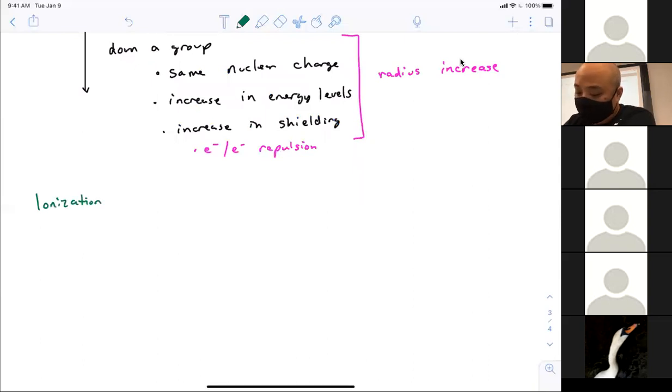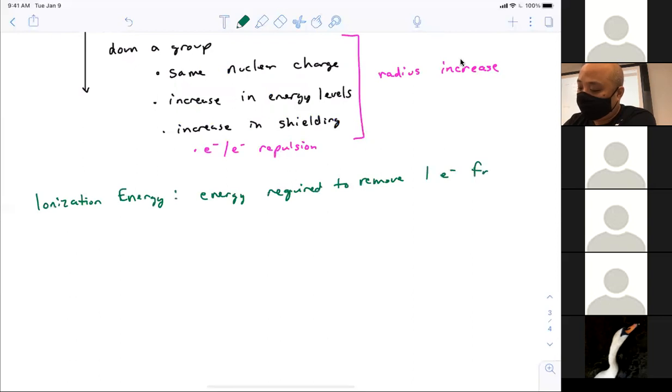The second trend is ionization energy. Ionization energy is the energy required to remove one electron from, actually we'll say a species in its gaseous state.